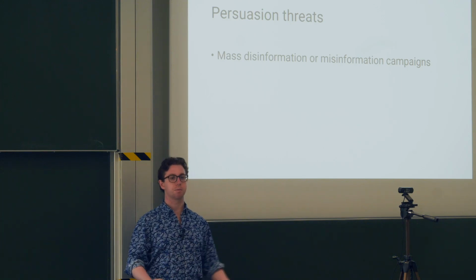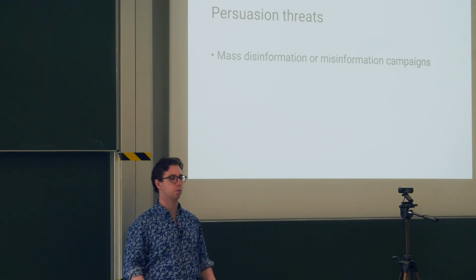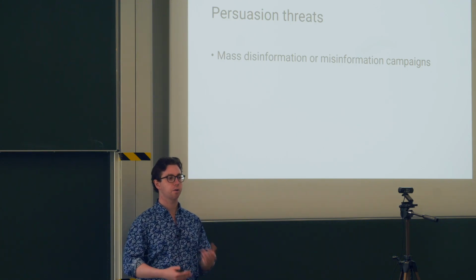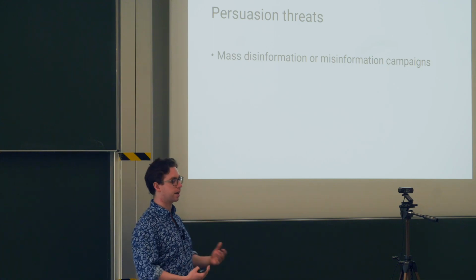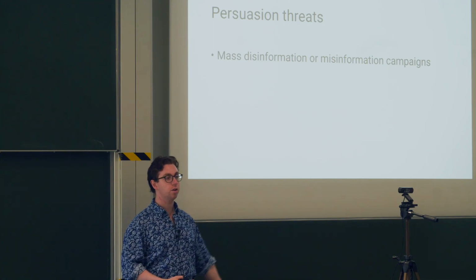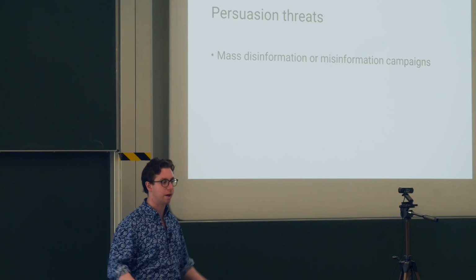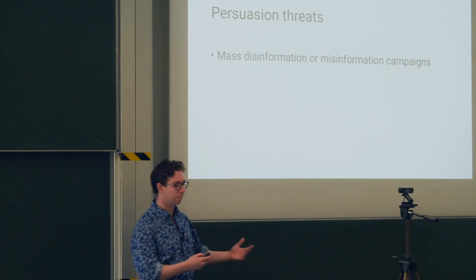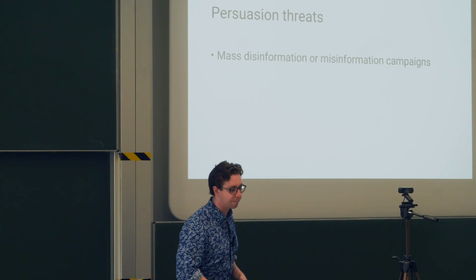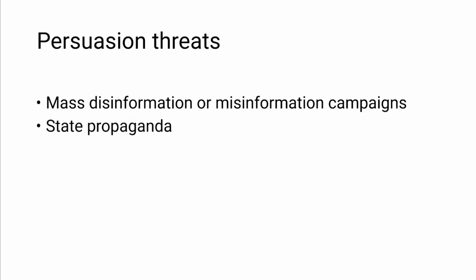If the models get very good at persuading people to change their mind towards certain viewpoints, very good at arguing with people, coming up with very convincing rhetoric, then a bad actor could use such models to produce large amounts of disinformation to persuade people of a certain political viewpoint. There's also just state-sponsored propaganda. So the state itself can use these to generate arguments in favor of the authoritarian regime.